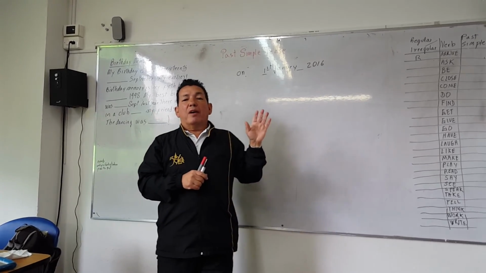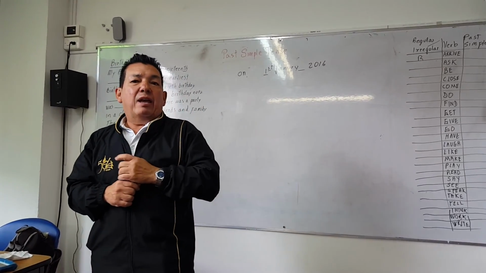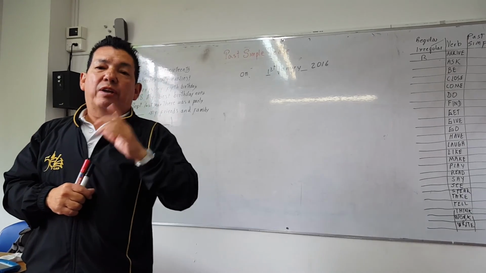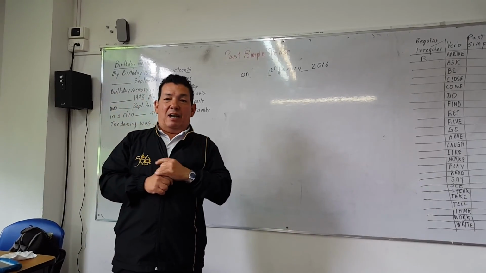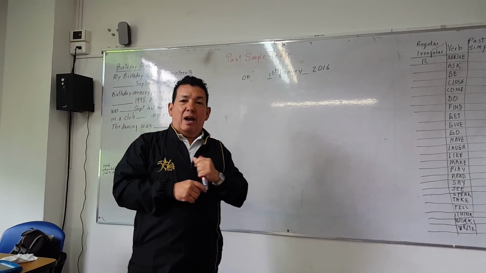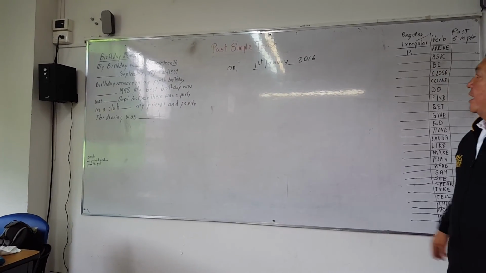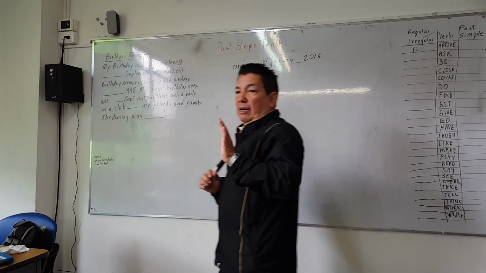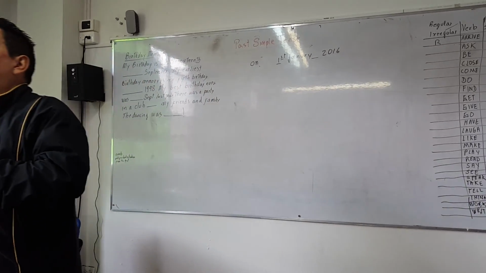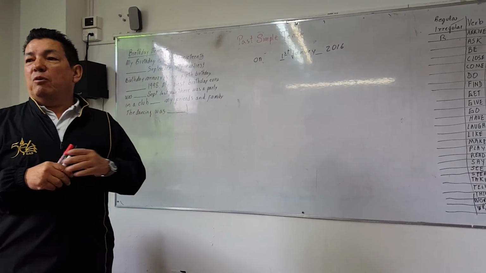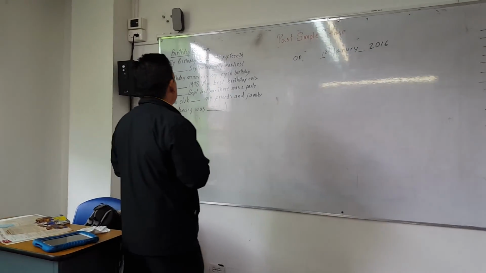Whenever you see the month alone, you just say in January, or the year alone, you just say in 2016. Do you understand, Mauricio? Yes, teacher. All right, that's great. Everybody knows about that because this is a review about the last lesson.